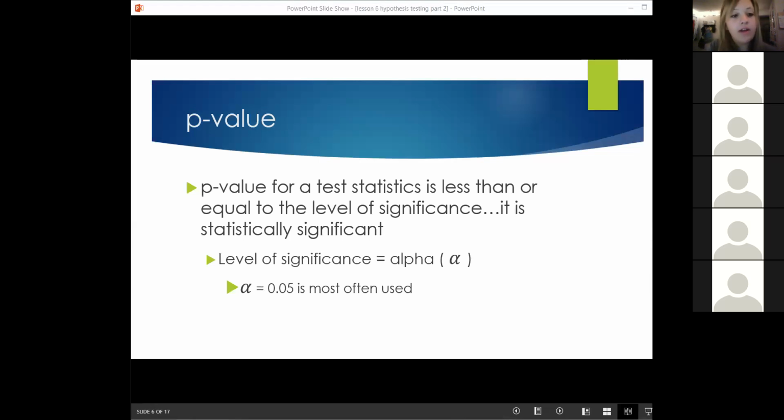If a type 1 error is more dangerous, then you want to have a smaller alpha level, because you basically want to be accepting a smaller chance of making that type 1 error. So if you realize that a type 1 error is more dangerous, you're going to decrease that alpha level even more, so you decrease the probability of making that type 1 error.